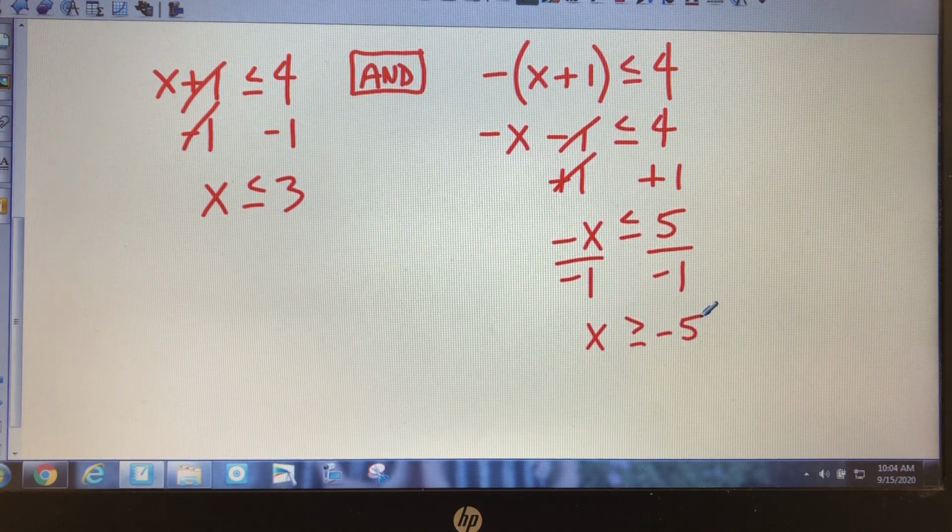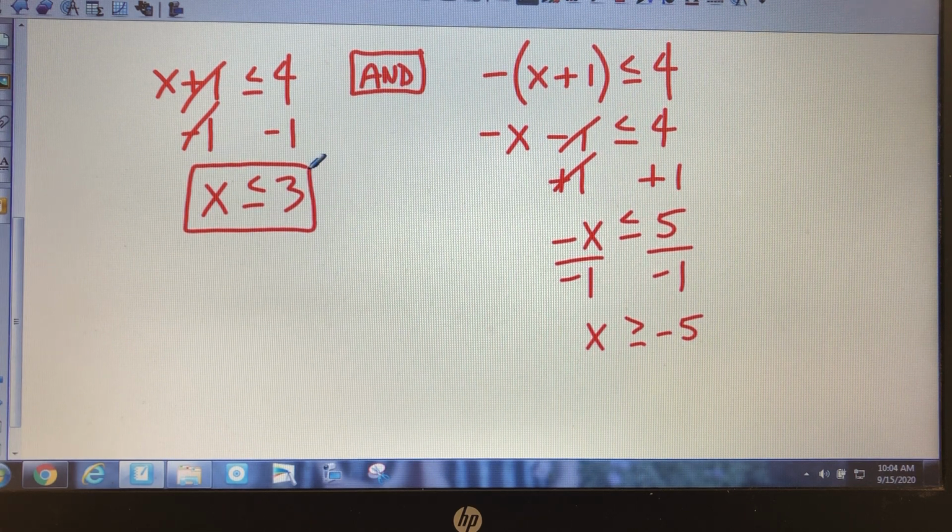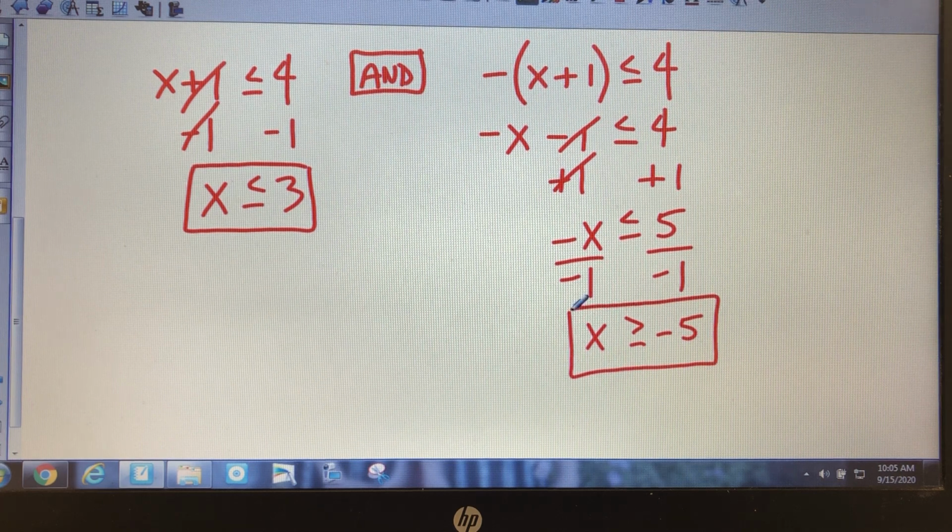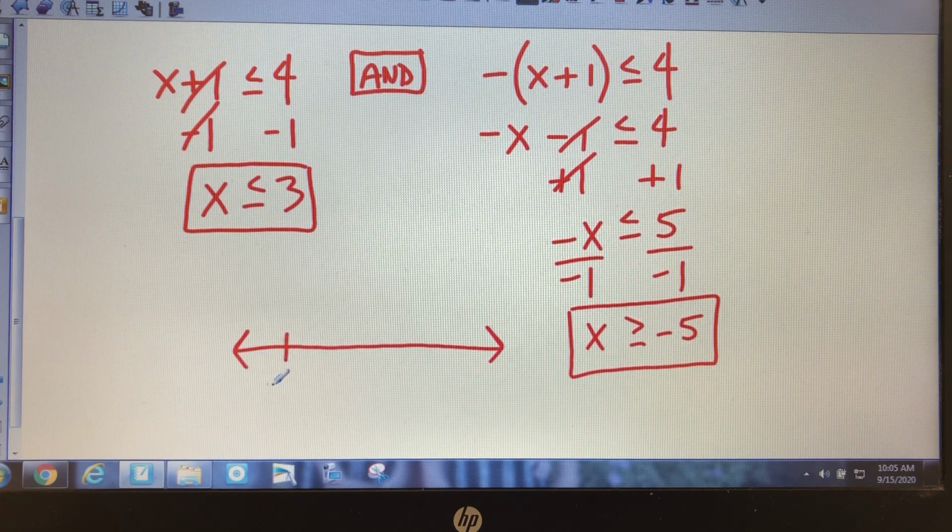All right, so here's where we have to be careful, and this is why we graph our solution set. We need a number that is less than or equal to 3, and at the same time, greater than or equal to negative 5. So again, that's where the graph comes into play. So let's put our key values on here.